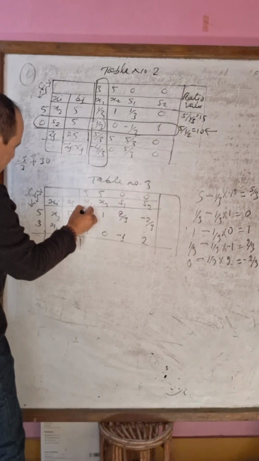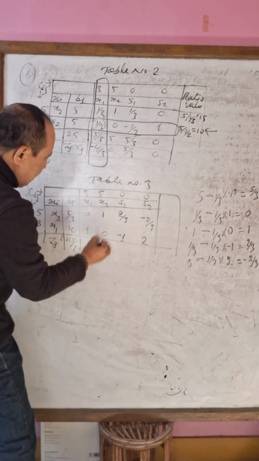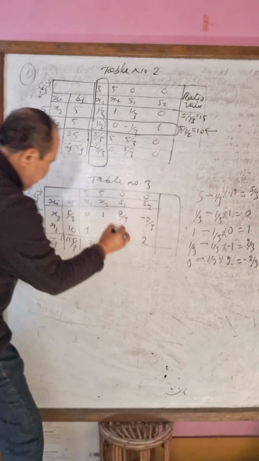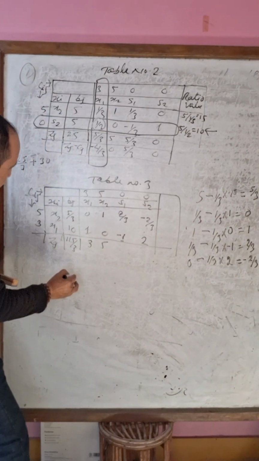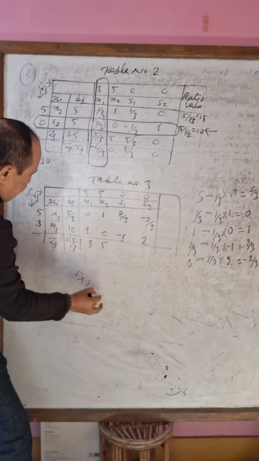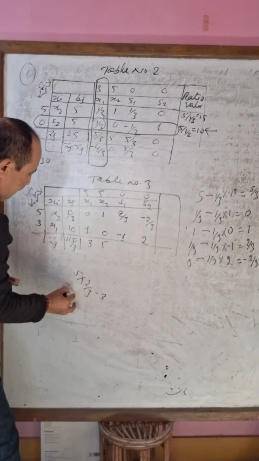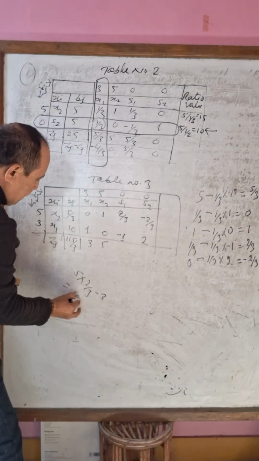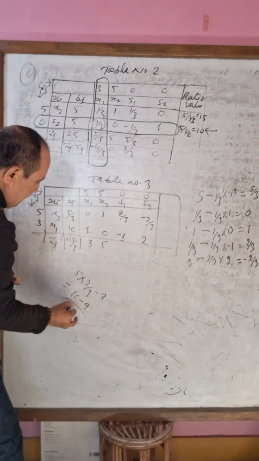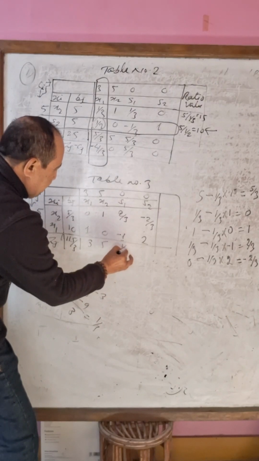Then for this value, you calculate 5 into 2 by 3 minus 3, and with LCM 3, 10 minus 9 by 3, that is 1 by 3.